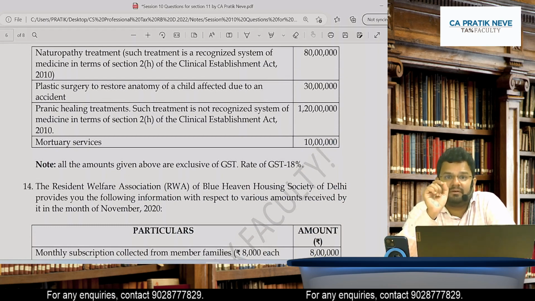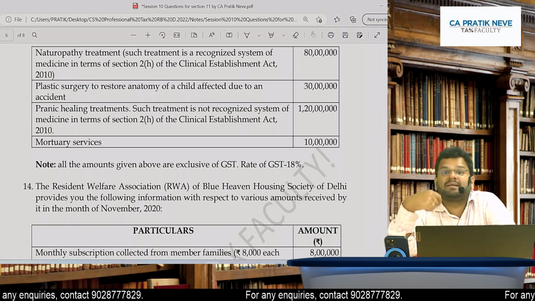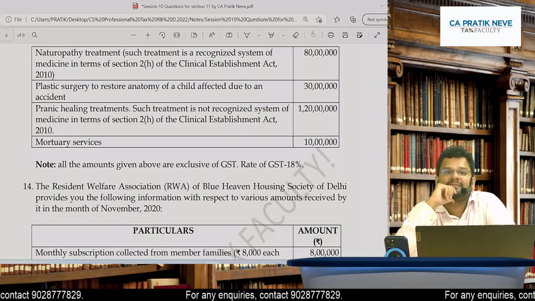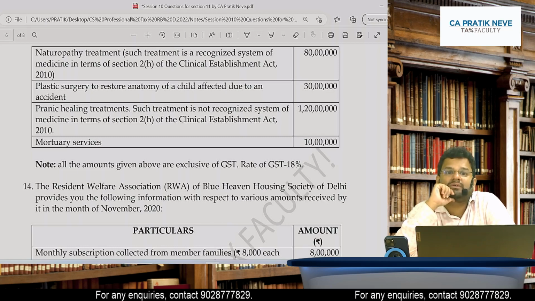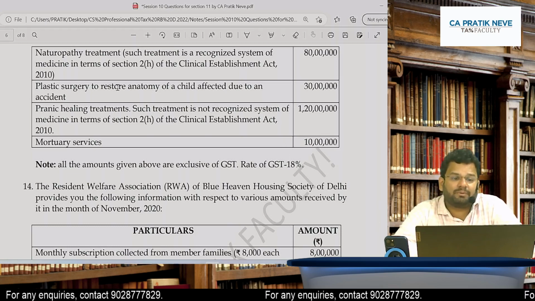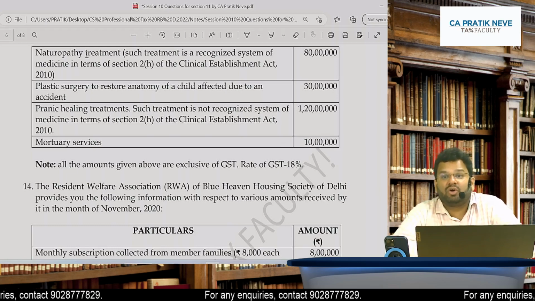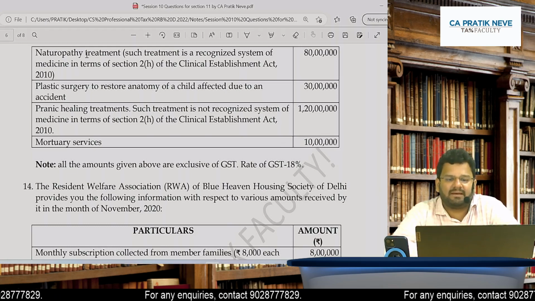Then naturopathy treatment. When I talk about healthcare services, they should be in a recognized system of medicine. Recognized system of medicine is defined in the Clinical Establishments Act, Section 2, Clause H. Is naturopathy a recognized system of medicine? You are not expected to know; this information mostly will be given in the exam.